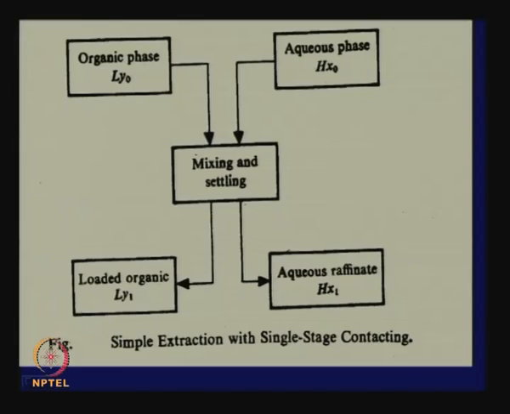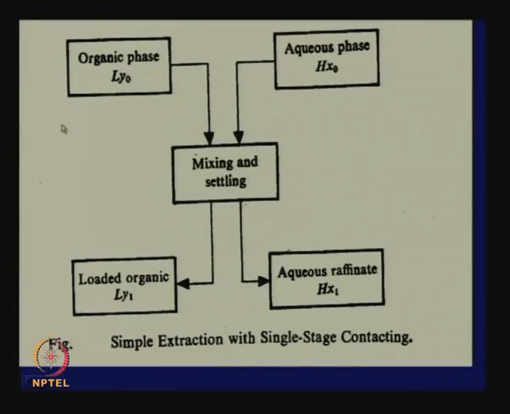In solvent extraction, the metallic values are selectively absorbed in an organic medium. We call it organic solvent. Here is a schematic representation. We have an aqueous phase that contains the metallic values. We have the organic phase, which will selectively dissolve the metallic values you are interested in. There is mixing, and they are allowed to settle.